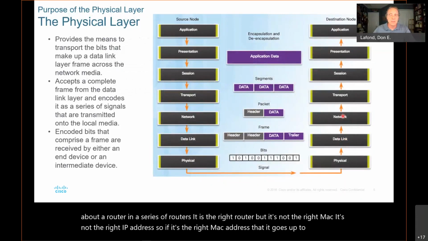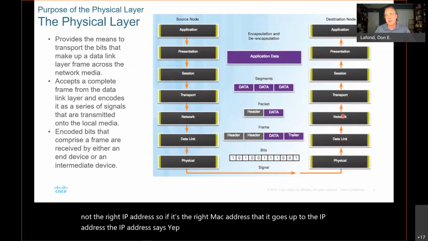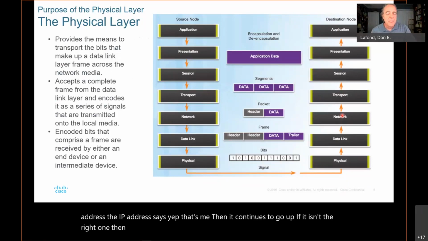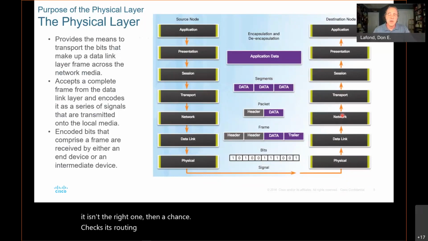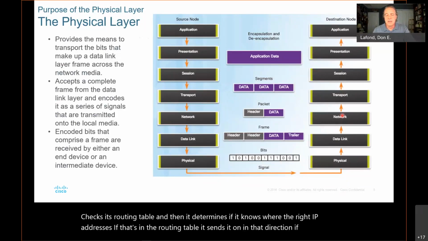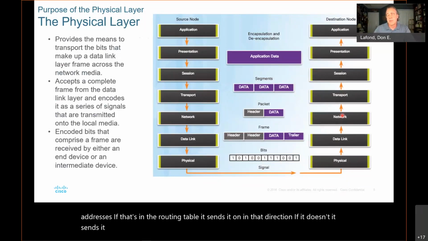The IP address says, "Yep, that's me." Then it continues to go up. If it isn't the right one, then it checks its routing table, and determines if it knows where the right IP address is. If that's in the routing table, it sends it on in that direction. If it doesn't, it sends it to its default gateway. Maybe I don't have to record it because I wasn't that far off.